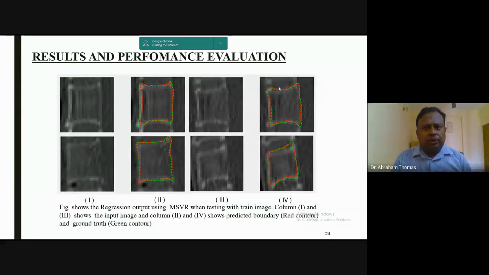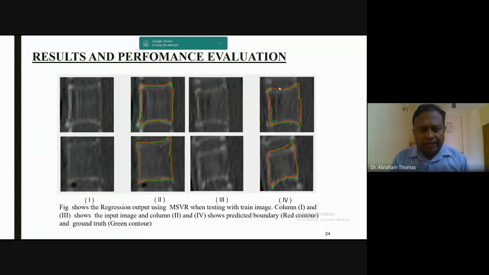So results and performance evaluation. The figure shows the regression output using MSVR, that is multidimensional support vector regressor, when testing with trained image. When the trained data itself is used as the test image, this is the result which we obtain.